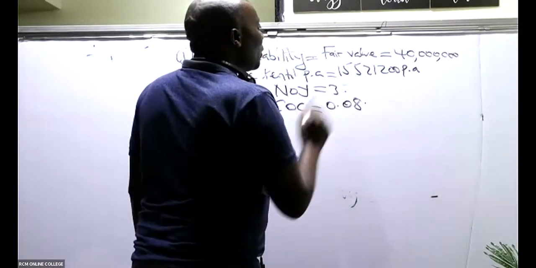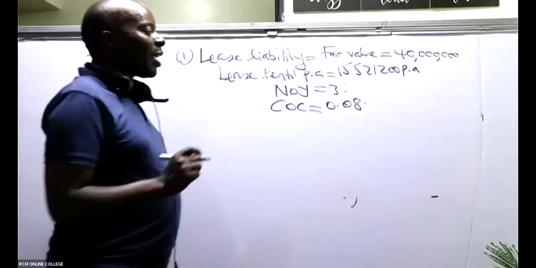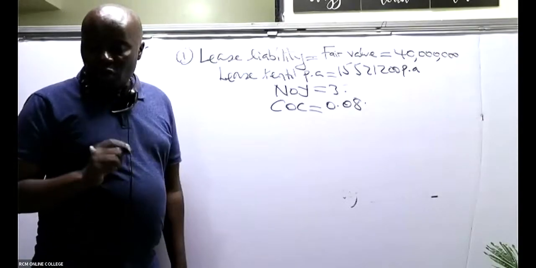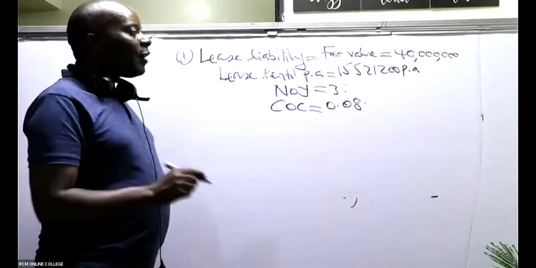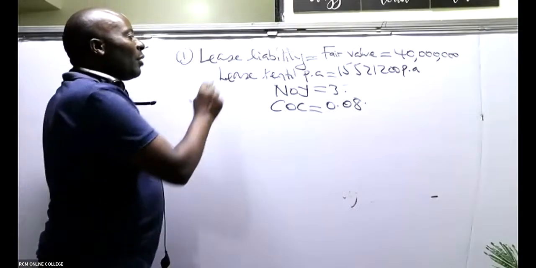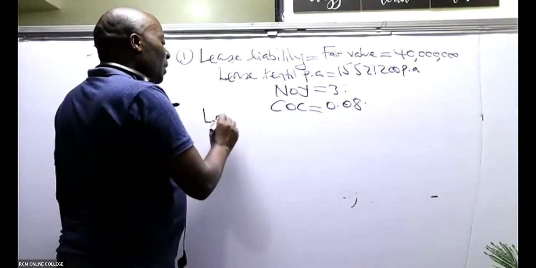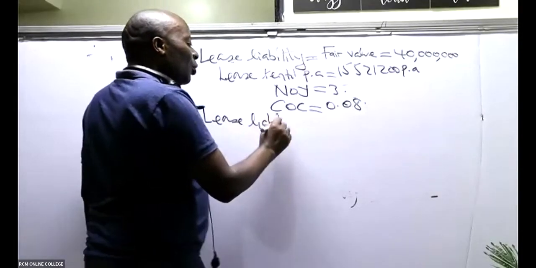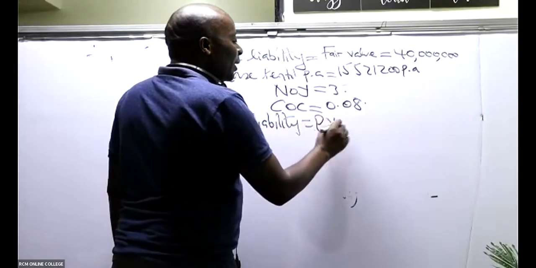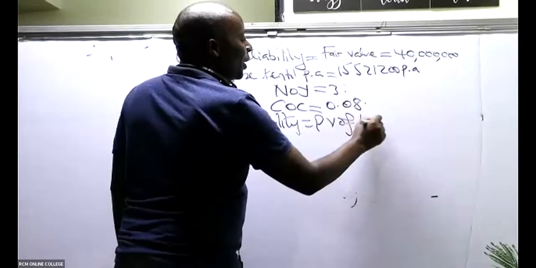So now I would want us in this case to assume that the fair value was not given. If the fair value was not given, then I would have gotten this lease liability by taking the present value of lease rentals.